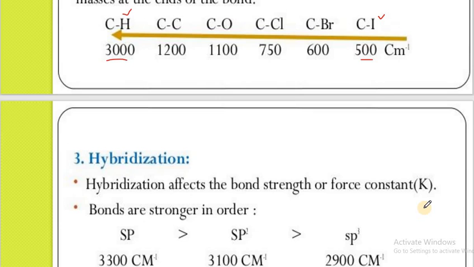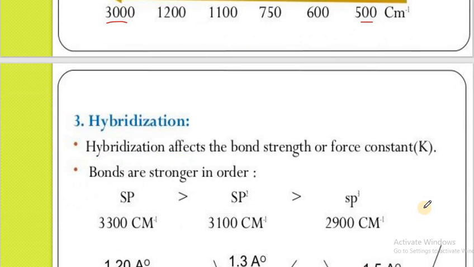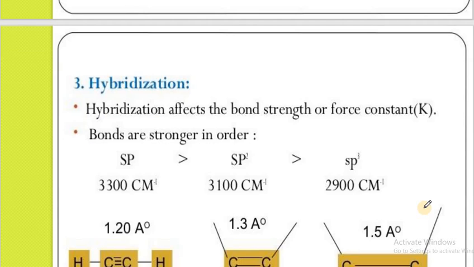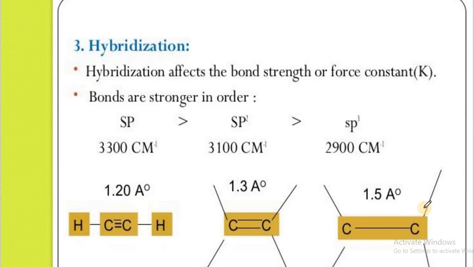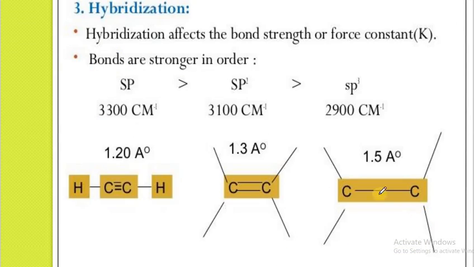And the third factor is hybridization. Hybridization also affects the bond strength, or say force constant. In this we can say that bonds are stronger in this order as the s character decreases. Here it is 50% s character, here 33%, and here 25%.